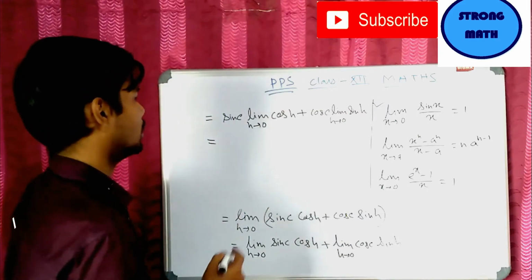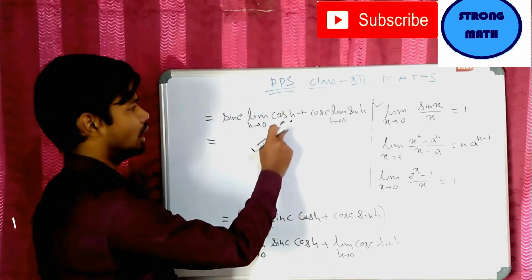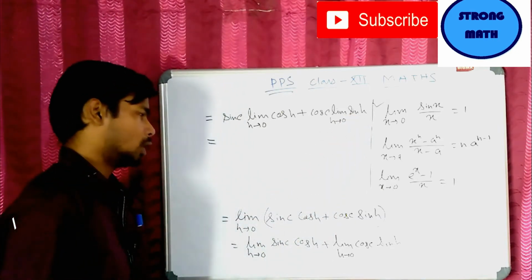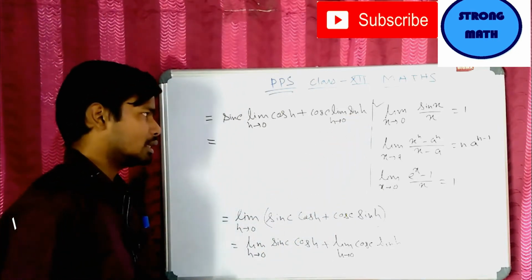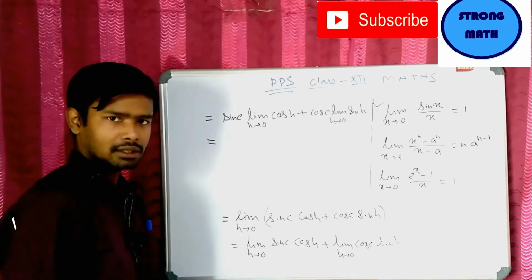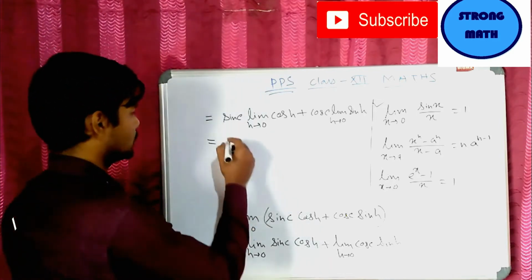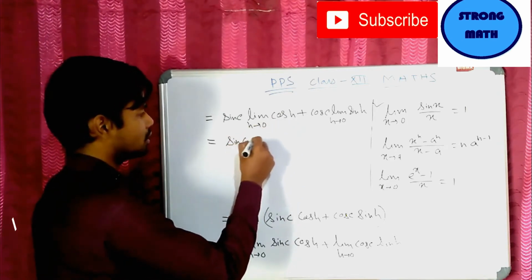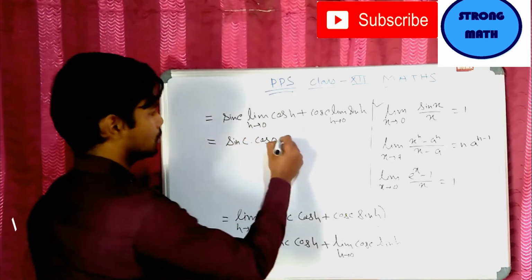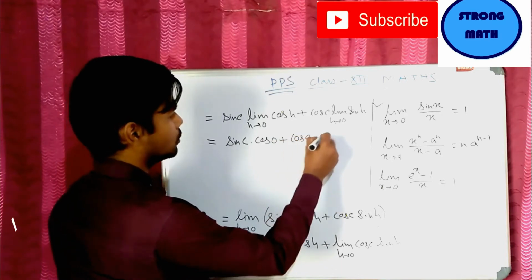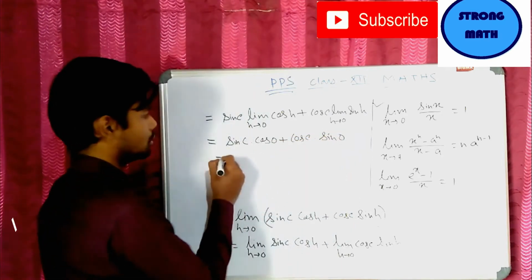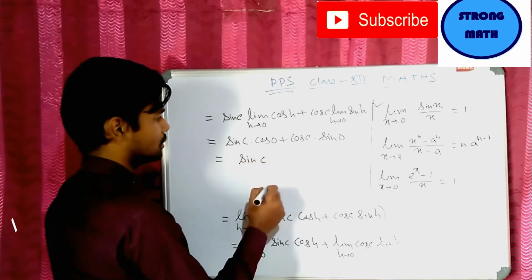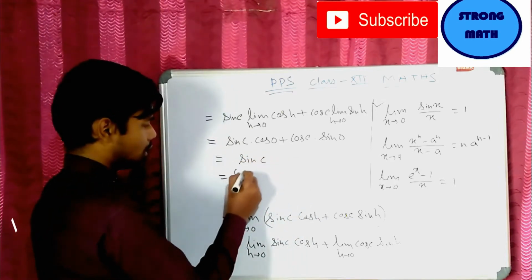If we put the value of h here and also here, then there will not arise any indeterminate cases, right? So we can put the values of h. So sin c into cos 0 plus cos c into sin 0. Cos 0 is 1, sin 0 is 0, so this is sin c, which is our f of c.